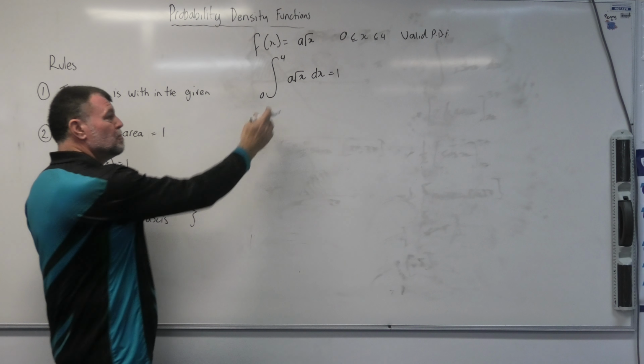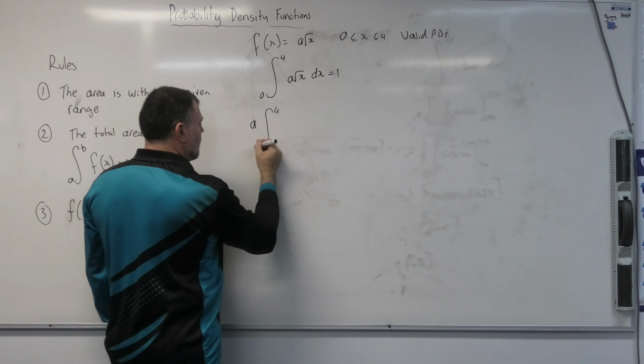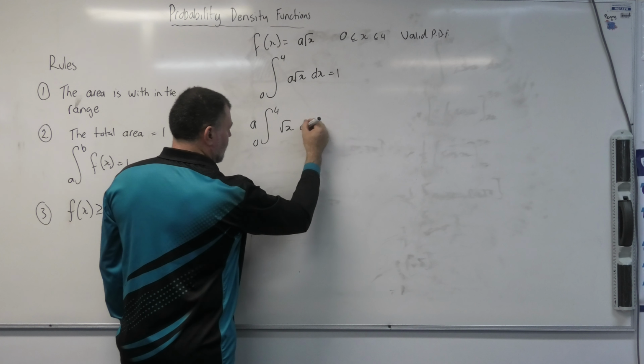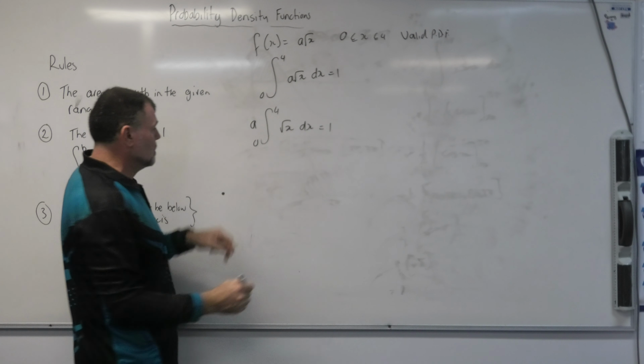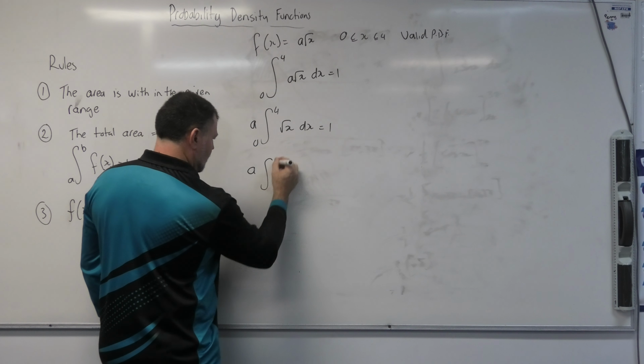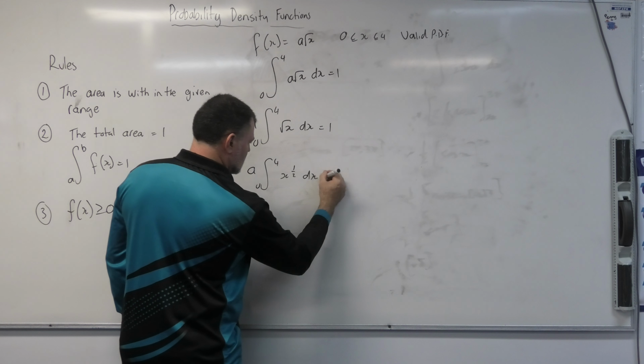What we can do is bring that a out because it's a constant. So therefore we can have the integral is equal to 1. And now we can integrate this as normal. So a, integral from 0 to 4, of x to the power of half dx is equal to 1.